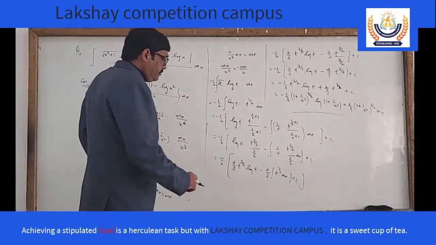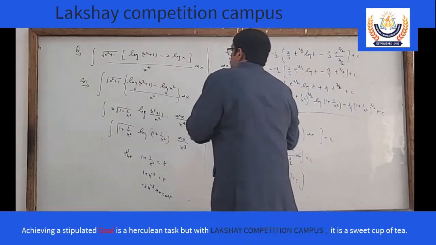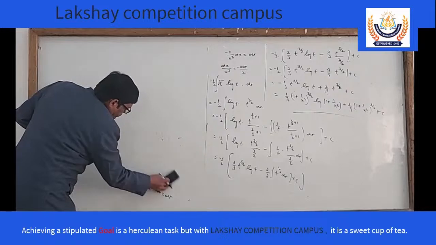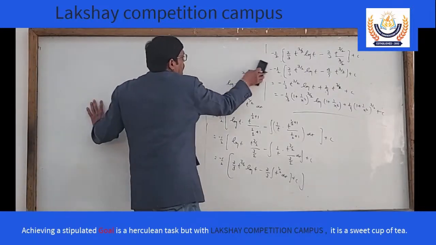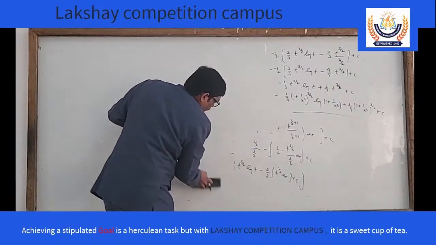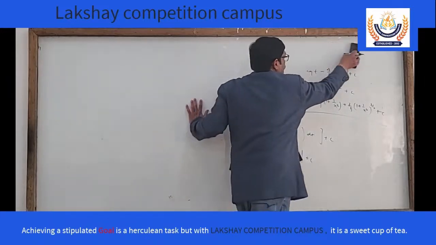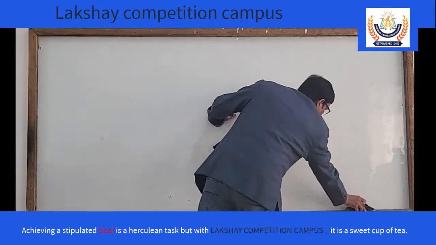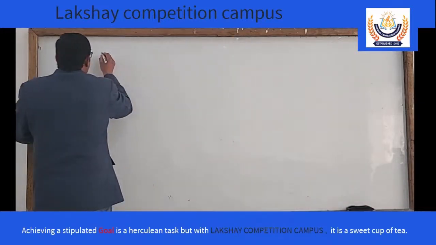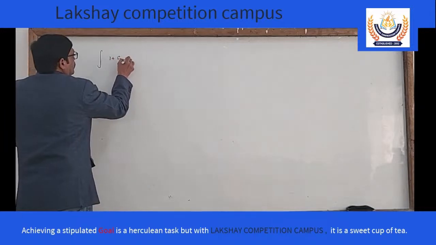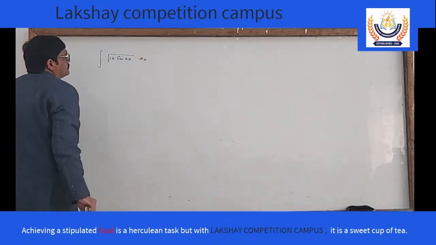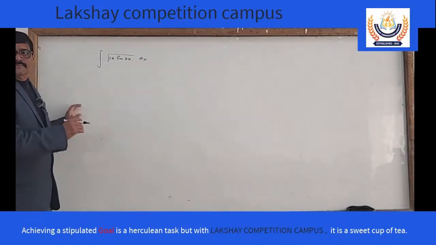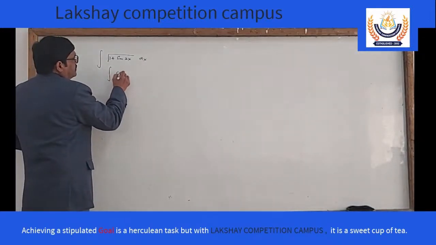Now there is a question: what is the integration of root of 1 plus sine 2x? What can we do? What is our first step? 1 should be written as sine square x plus cos square x.